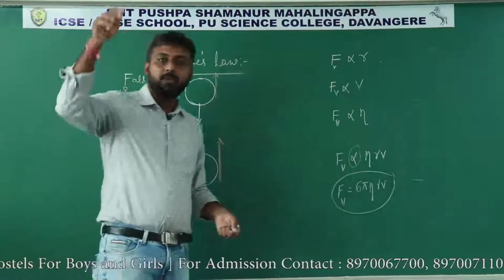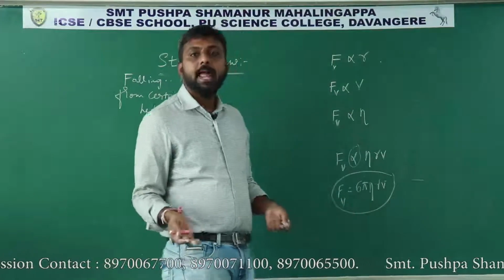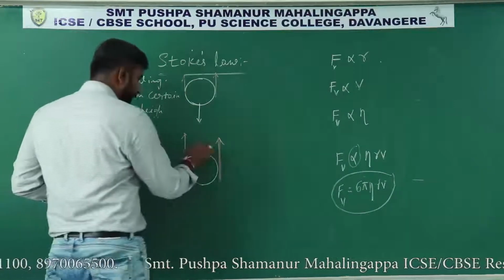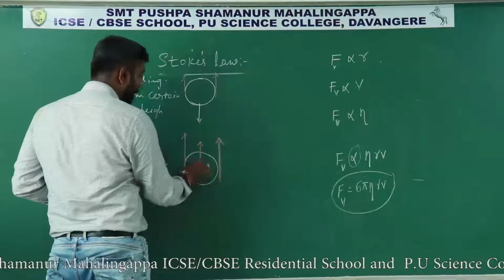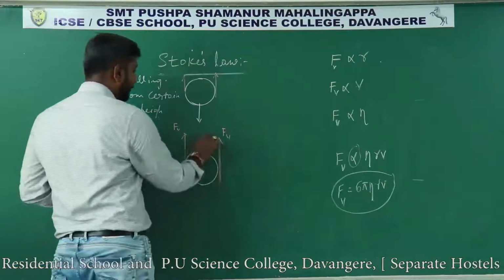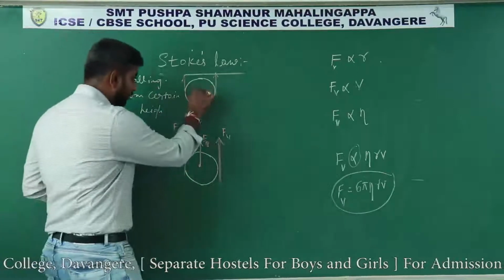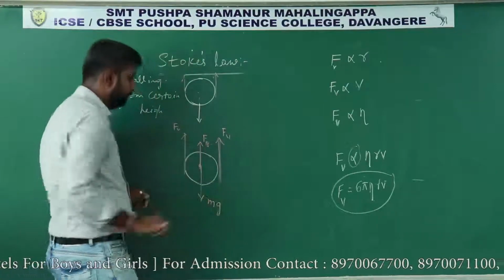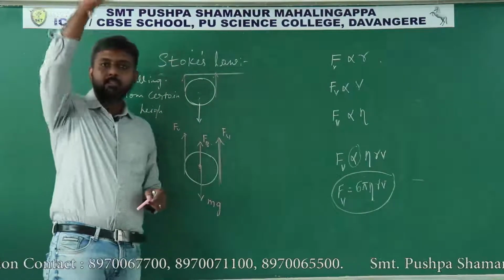If you immerse an object in a liquid medium, the buoyant force, the upthrust, will act in the upward direction. Along with the viscous force, there will be a buoyant force. That buoyant force will also act in the upward direction. This Fv is the viscous force, and this Fb is the buoyant force. And the weight of the body is acting downwards, that is mg. These forces are acting on this spherical object when you drop an object from a certain height.